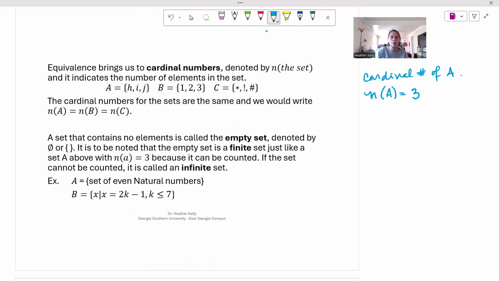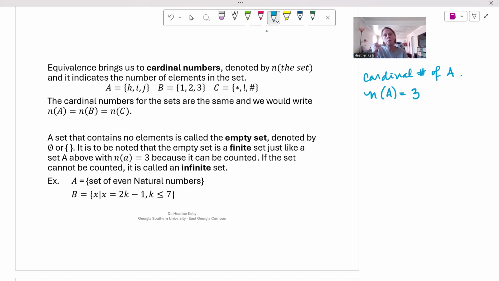All right. And so I've got in our example here 3 different sets, and they have wildly different elements. We've got letters, numbers, and symbols, but these would be equivalent sets because they have the same number of elements.